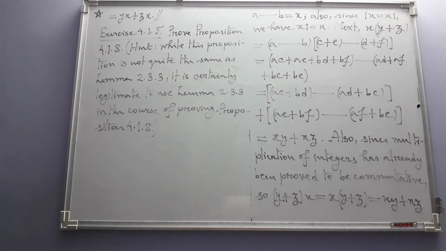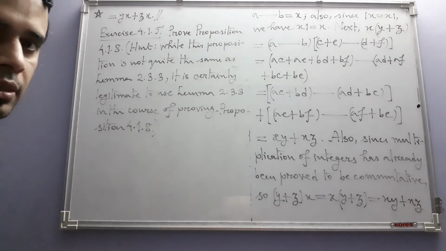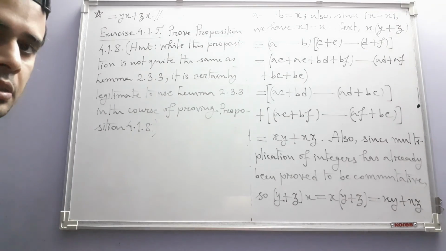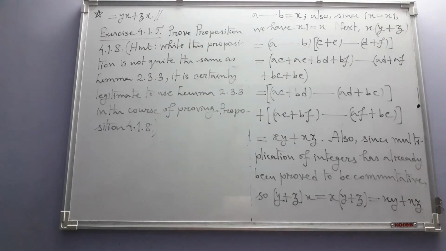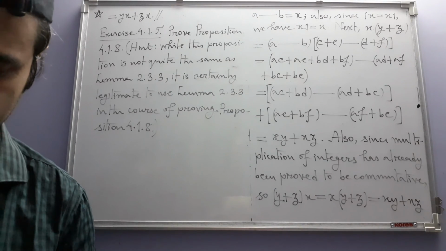Okay, so it is that one which says that if the product of two integers is 0, then at least one of them is 0. Let me just refill it quickly.